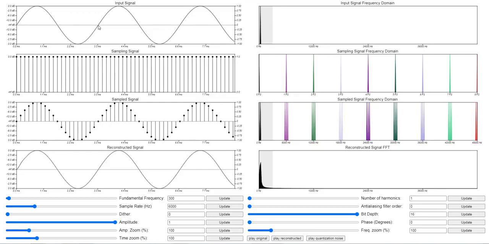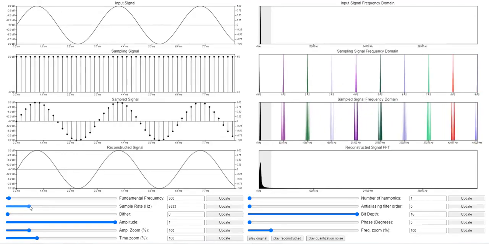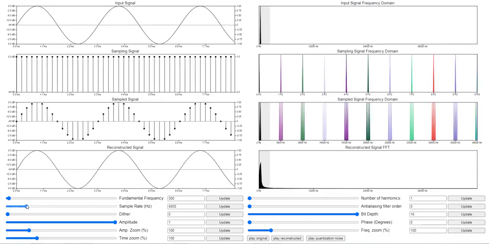So if you see here, this is the first period, this is the second period, that's part of the third period. And you can see that for 6000 Hertz sampling frequency, and at 300 I will get 20 different samples in one period. So obviously, the more I reduce the sampling frequency, the fewer samples I get per period, right?